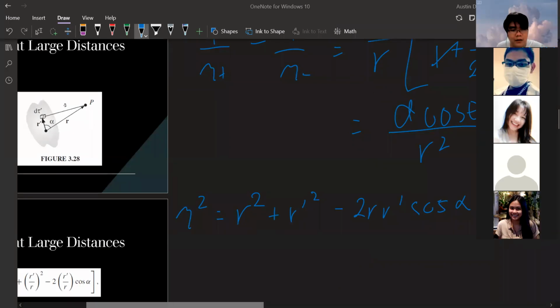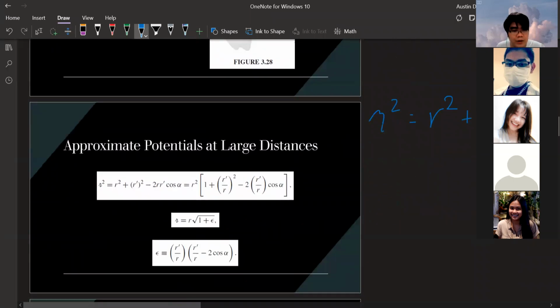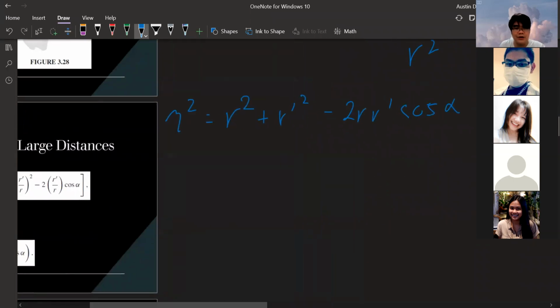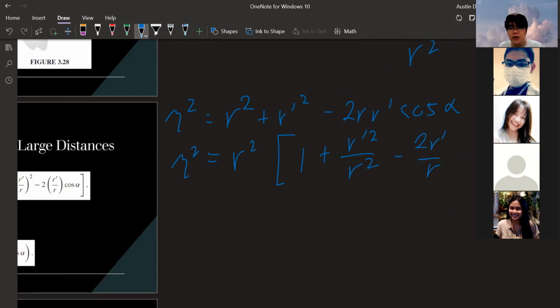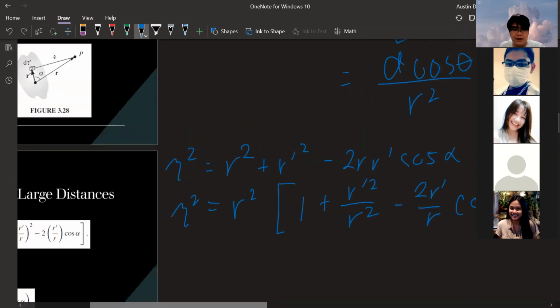Okay? And then the trick that we're going to do, again, is factor out r squared. Okay? Para maging 1 plus r prime squared over r squared, then minus 2r prime over r cosine alpha. Okay?